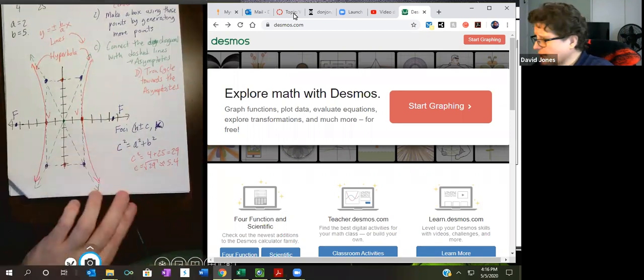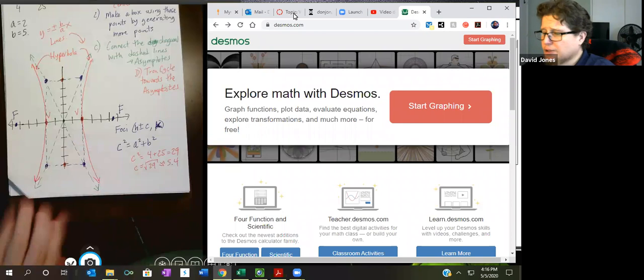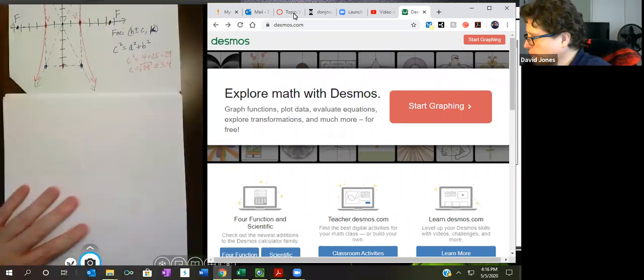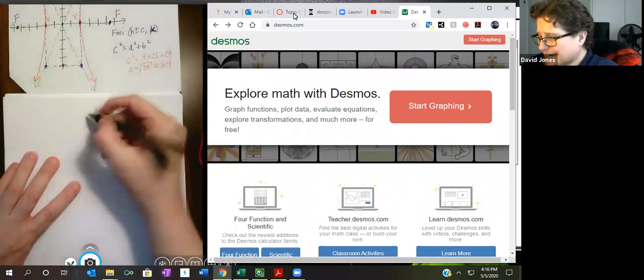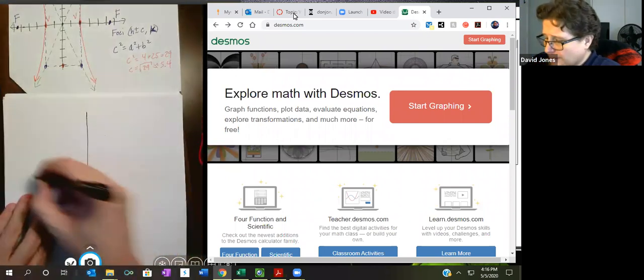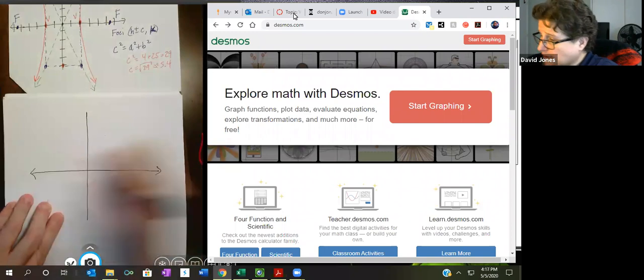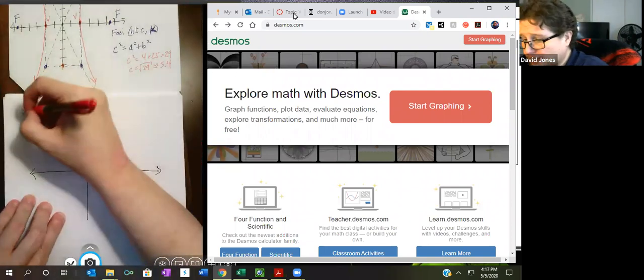These are the foci. Okay, let me show you what I meant by the distances again. I'm going to redraw that, just sketching the hyperbola.